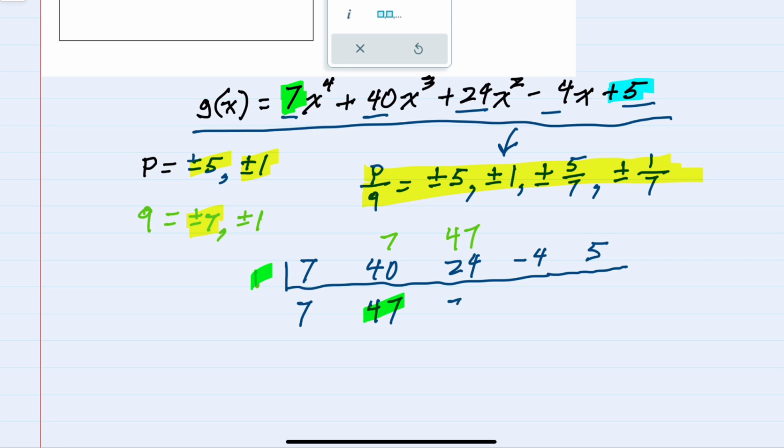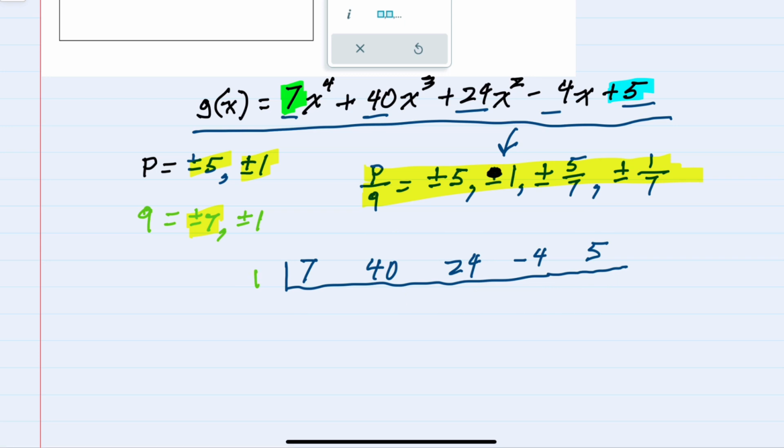Adding again here, this is 71. 1 times 71 is 71. And I can sort of see now that this isn't going to work out, because adding here would be 67. 1 times 67 is 67. We are not getting a 0, so the 1 is not dividing in evenly. So we've eliminated positive 1.